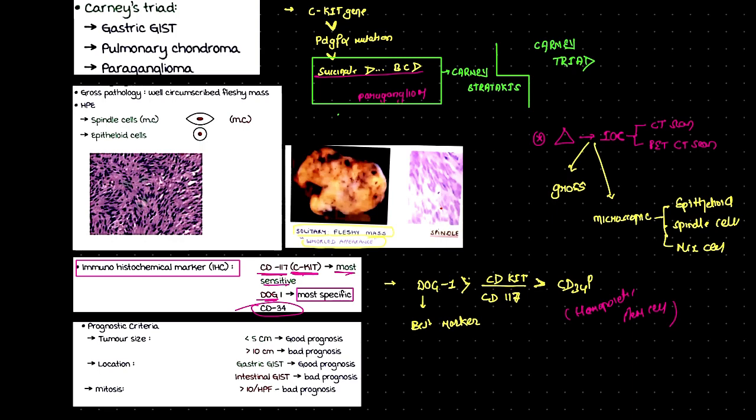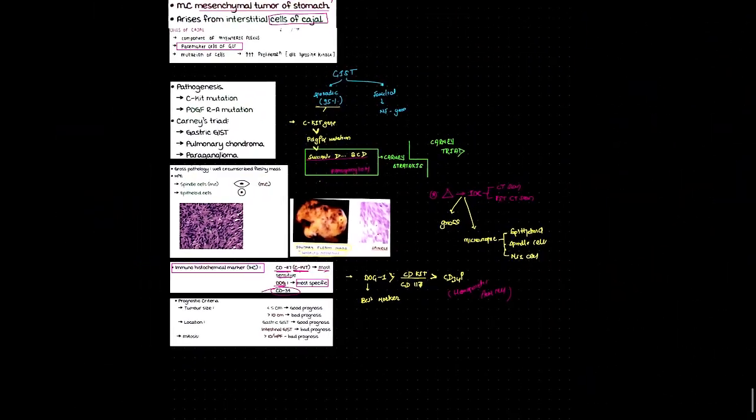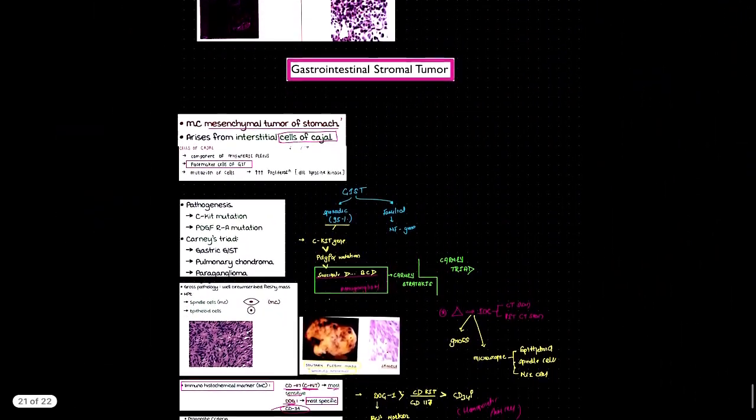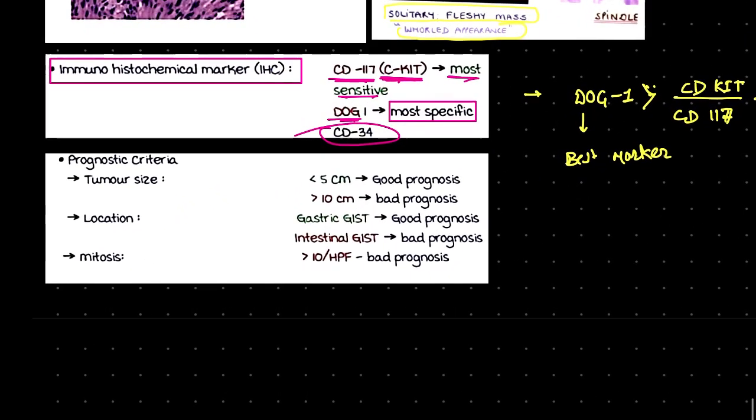Now we will find out whether this gastrointestinal stromal tumor has a good prognosis or a bad prognosis. Talking about prognosis, we will determine it with the help of tumor size. If the size of the tumor is less than 5 centimeters, it has a good prognosis.